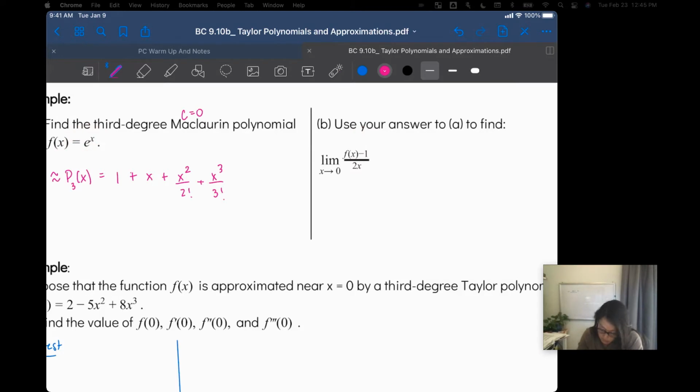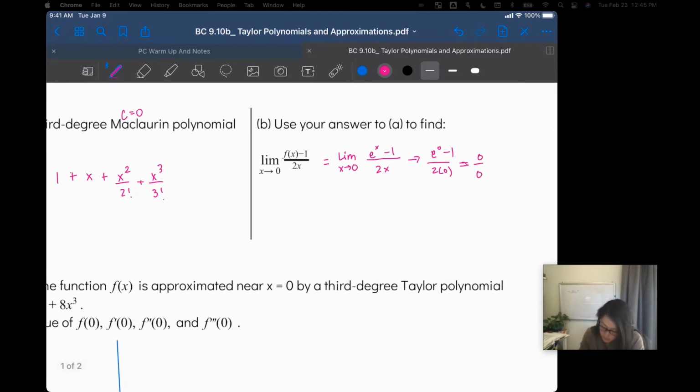So basically what we're doing is the limit as x approaches 0 of e to the x minus 1 over 2x. And what we end up with is e to the 0 minus 1 over 2 times 0, which is 1 minus 1 is 0 over 0, which is indeterminate.